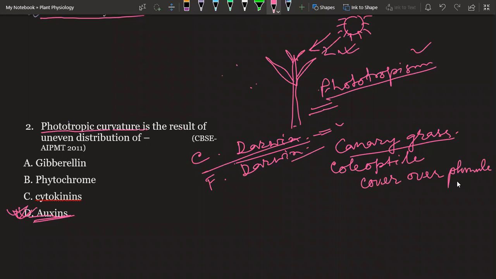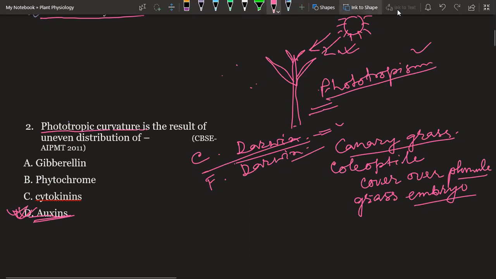The plumule differentiates into the shoot system, and the coleoptile is the cover of the plumule, but not in all, only in the grass embryo. When the seed starts germination, the embryo starts growing, so naturally this cover also will grow.